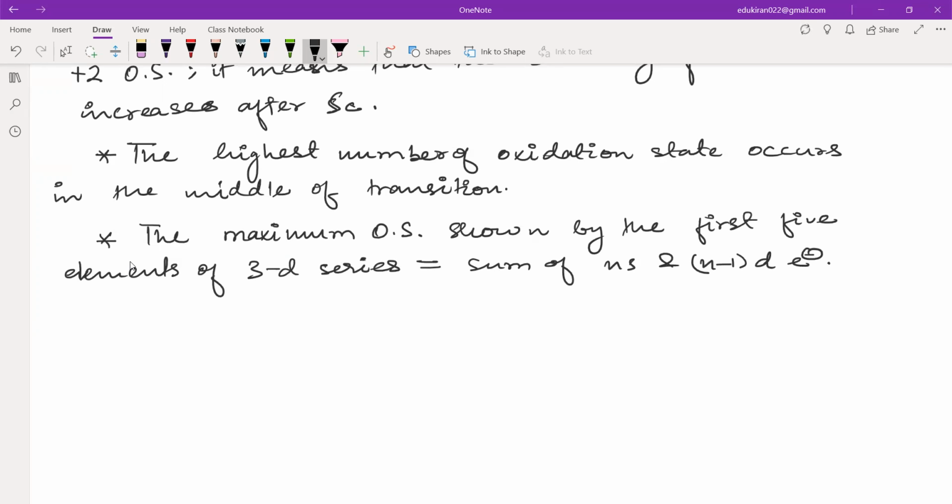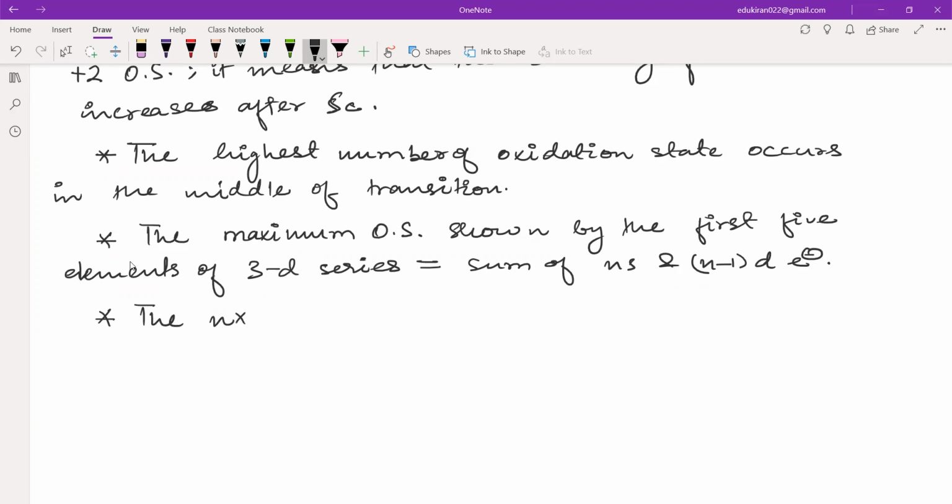But as we move further on, that means after manganese, the maximum oxidation state is not equal to the sum of ns and (n-1)d. That means we can say it is not related to the electronic configuration.